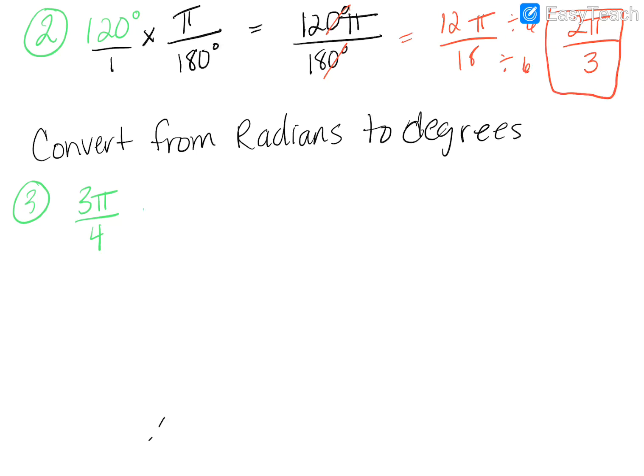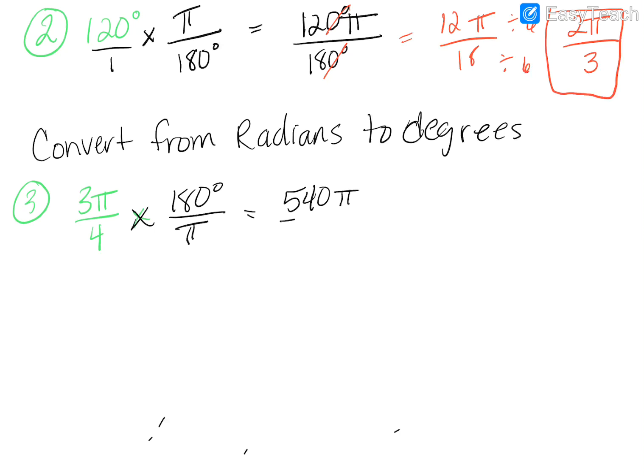So I'm going to multiply by what I want on top, and what I want on top is degrees, so 180 degrees over pi. Multiplying straight across, you can go ahead and multiply 3 times 180, which gets you 540.